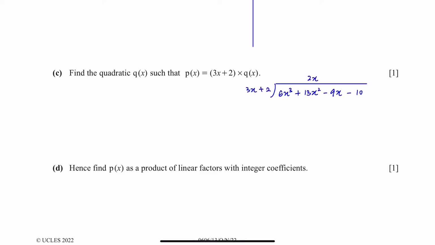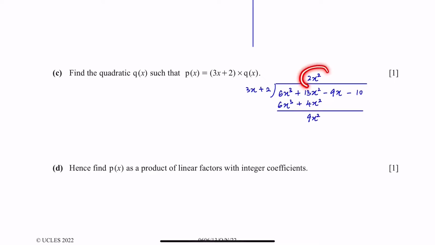So we can have 2x squared, and 2x squared times 3x will give us 6x cubed, and 2x squared times 2 equals 4x squared. So 13x squared minus 4x squared will give us 9x squared.